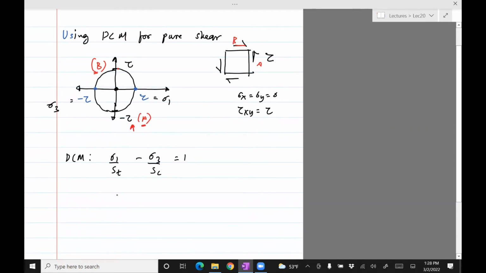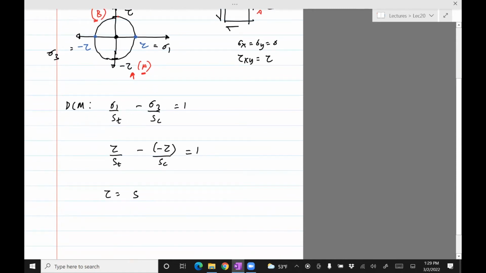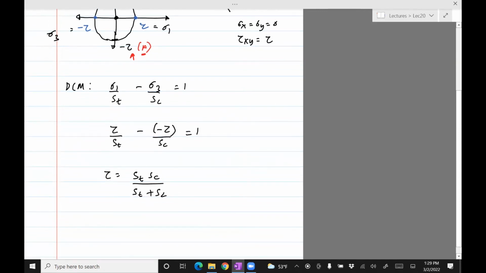So sigma 1 is tau, sigma 3 is minus tau. If you do some manipulation, then you'll get this formula. That's the value for tau for pure shear. You can compute the stress at which the element will fail in pure shear.